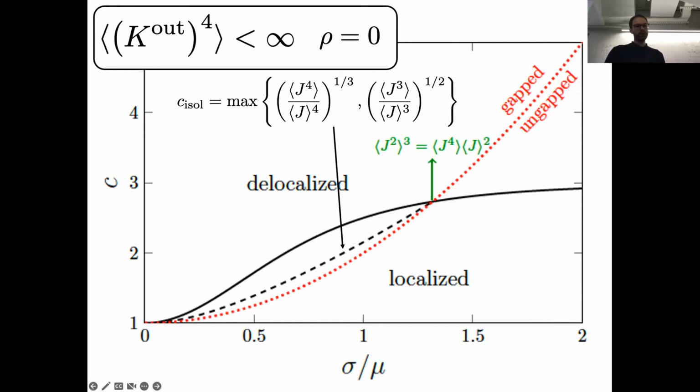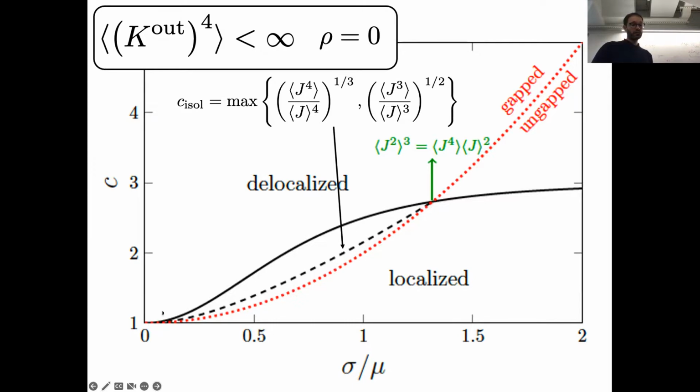The localization is determined by this condition. And this is, I guess, not obvious to me either, but it seems that eigenvectors at the boundary localize before the eigenvalue outlier, because this line lies below the other line.